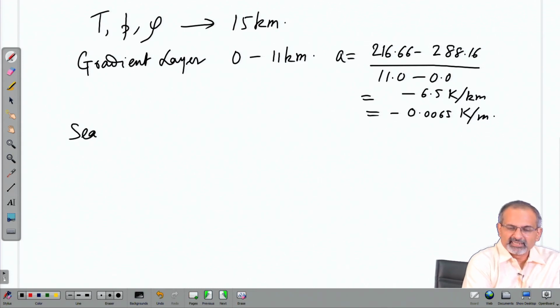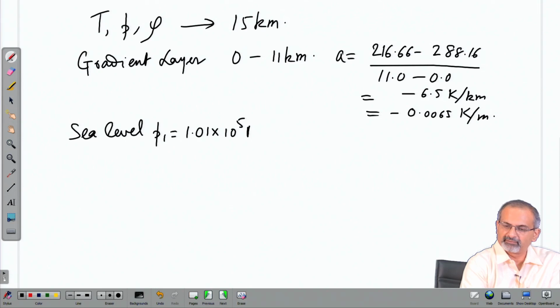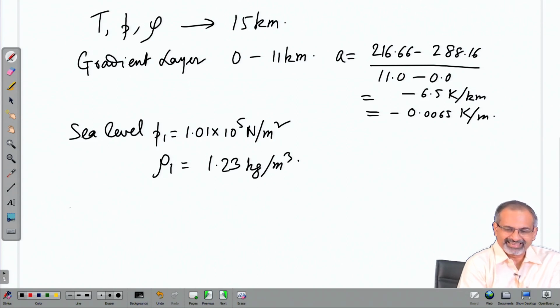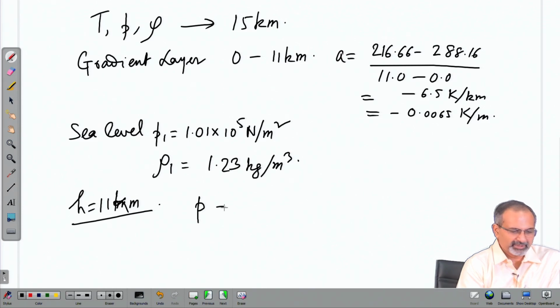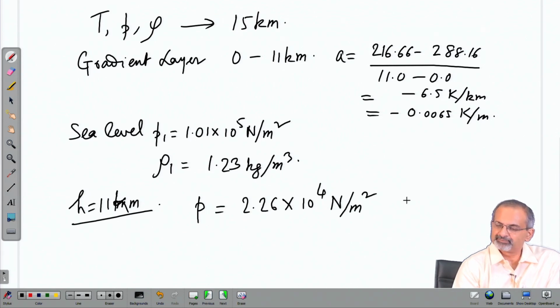Let us assume the sea level values for pressure to be 1.01 into 10 raised to power 5 Newton per meter square, density as 1.23 kg per meter cubed. So, at h equal to 11 kilometers, once you apply the equations for the gradient layer, you will find that the pressure works out to be 2.26 into 10 raised to the power 4 Newton per meter square.